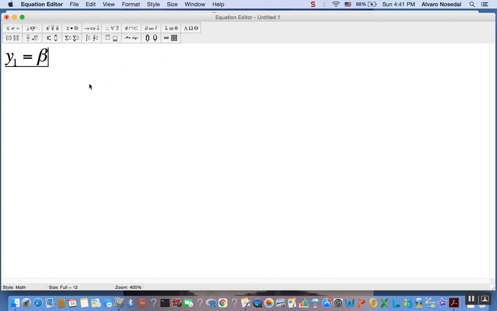Let me write it down like this: beta 0, beta 1 x 1,1, plus beta 2 x 1,2, and we have that particular epsilon term for the first observation.